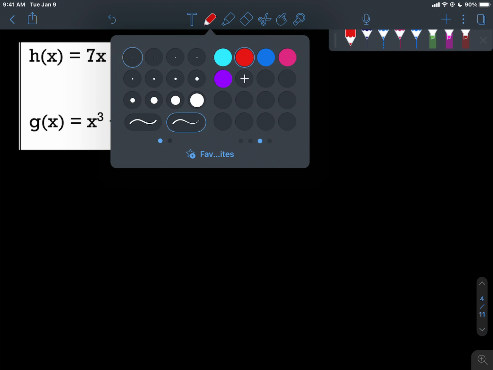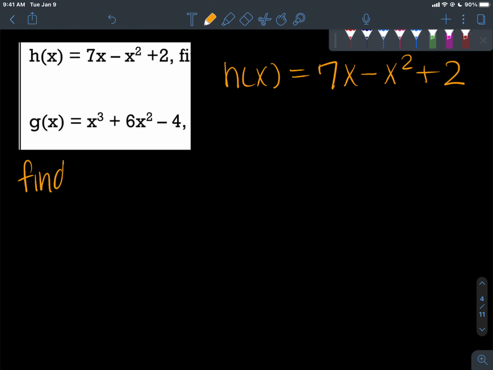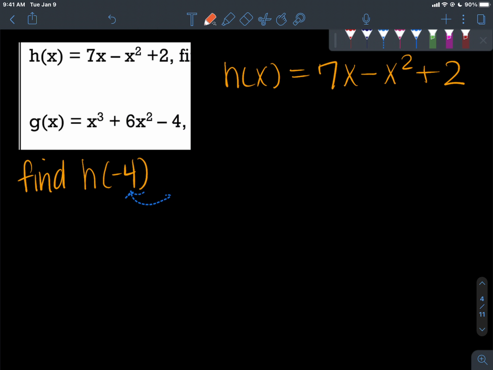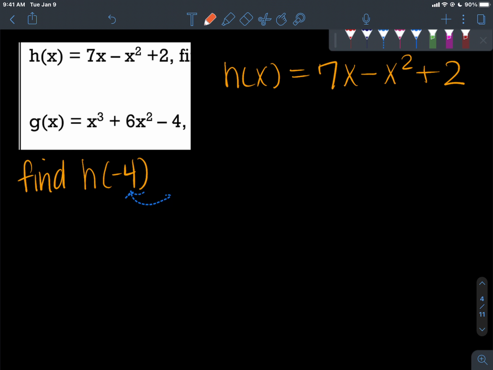Okay, let's take a look at that very first one. So they said h of x equals 7x minus x squared plus 2. So let's imagine they said find h of -4. So this part means that what I am doing is I need to plug in x equals -4.